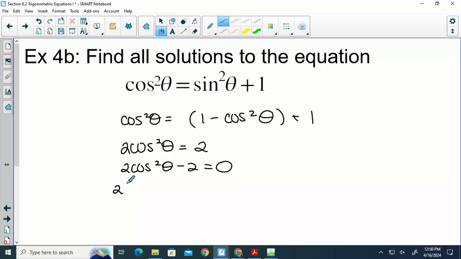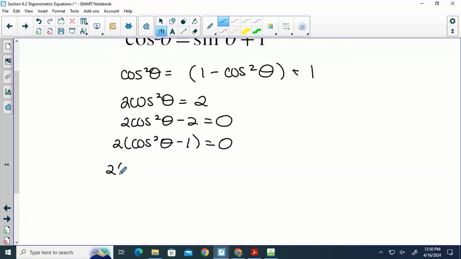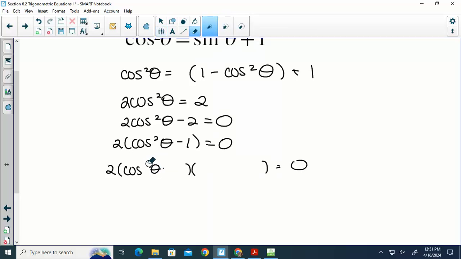So factor, we have a greatest common factor. I did it the other way. That's fine. It's plus 1 minus 1, a difference of squares.